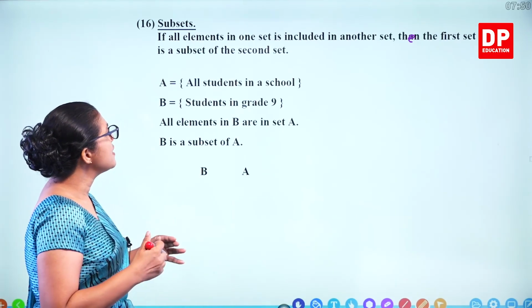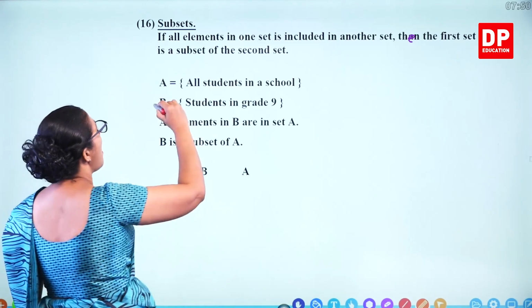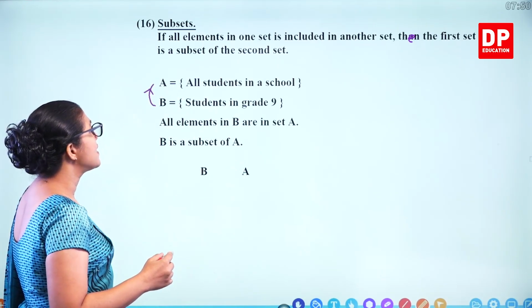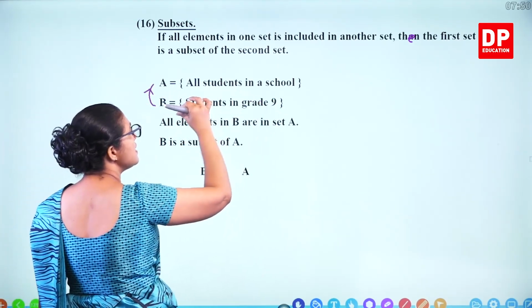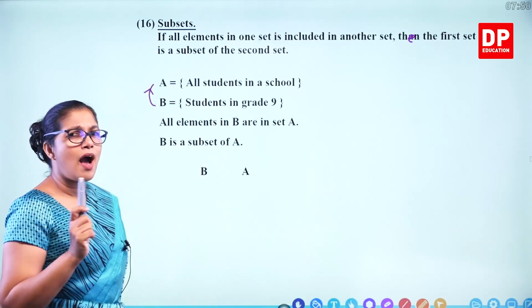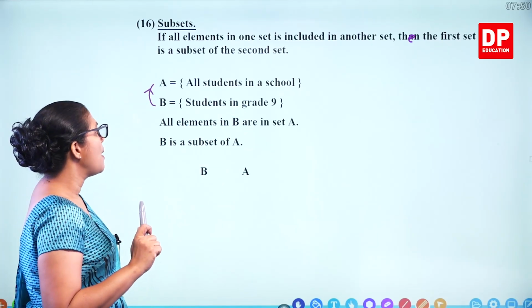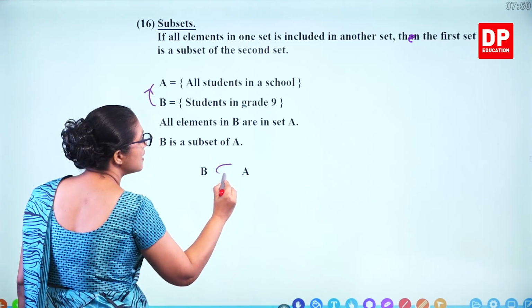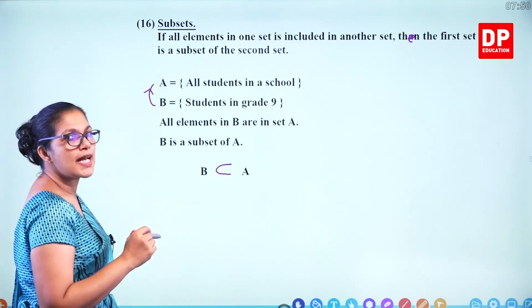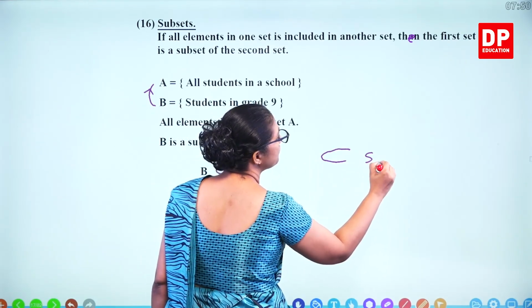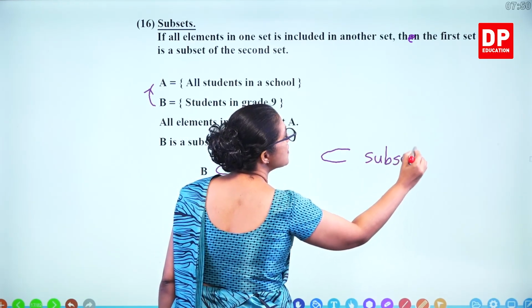So all elements in B are in set A. So we say B is a subset of A. How can we show that mathematically? So we use this symbol, a subset. So this means a subset of the other.